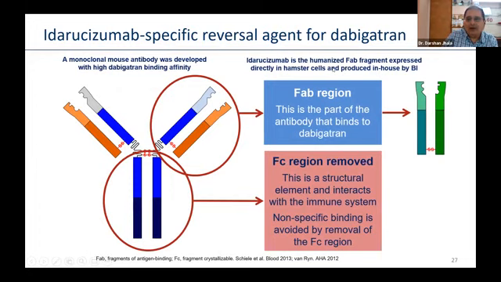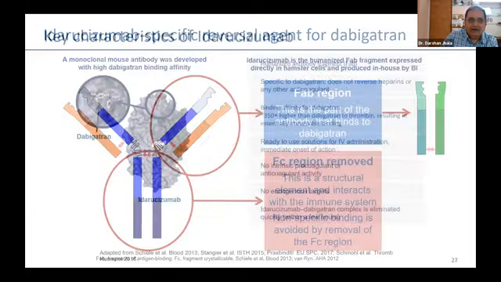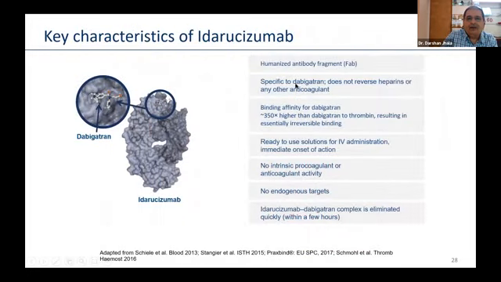It's a humanized Fab fragment expressed directly in hamster cells and produced in-house by Boehringer Ingelheim. So it's a small monoclonal antibody developed to direct its action only to dabigatran, and it has a specific dabigatran binding action which is 350 times more than dabigatran has affinity for thrombin.